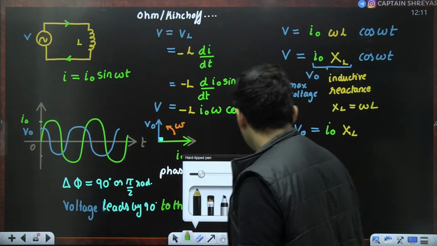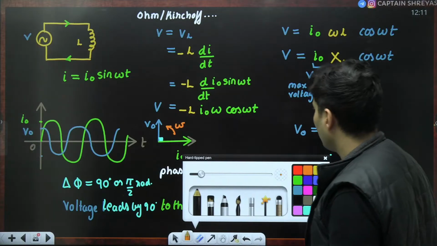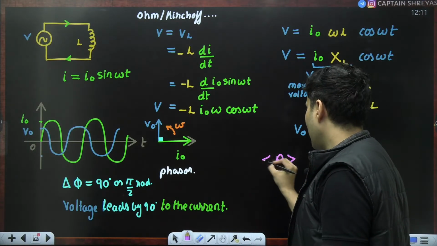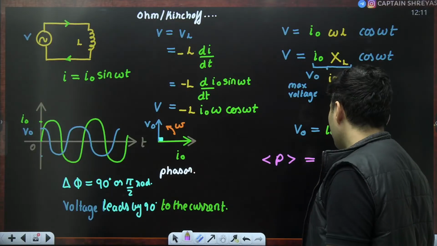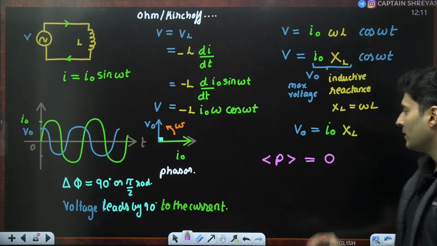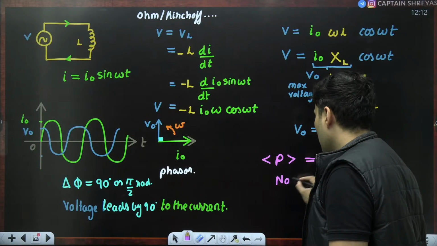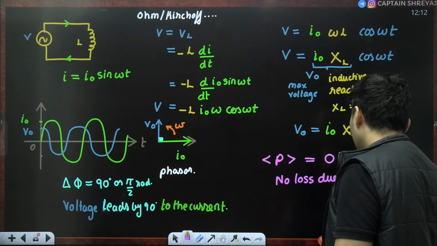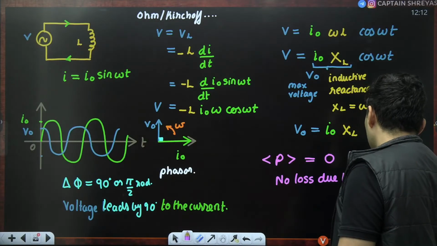If somebody tries to calculate this quantity called power, and you calculate the average power, believe me, the answer will be a big fat 0. So there is no loss due to an inductor. In fact, an inductor acts like a storing device.